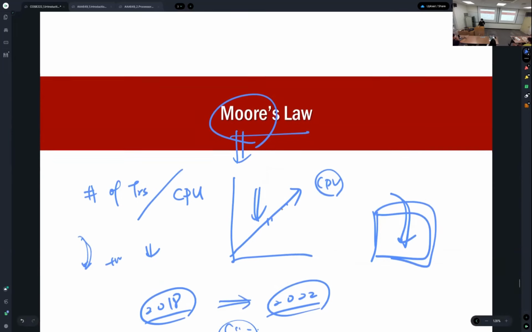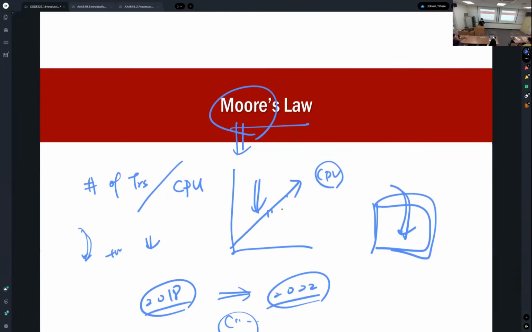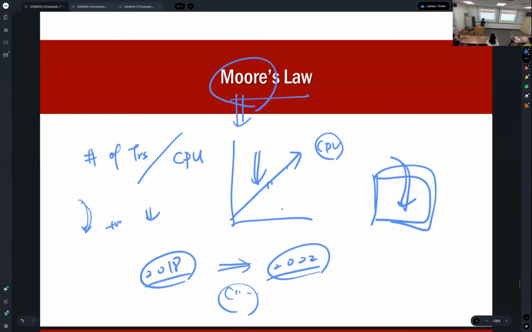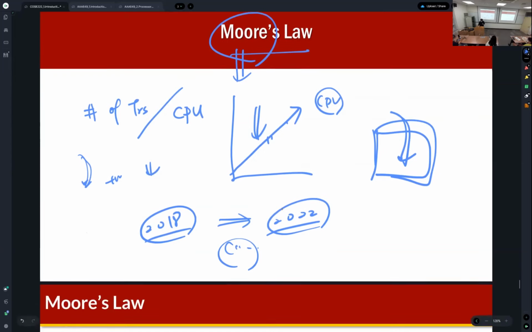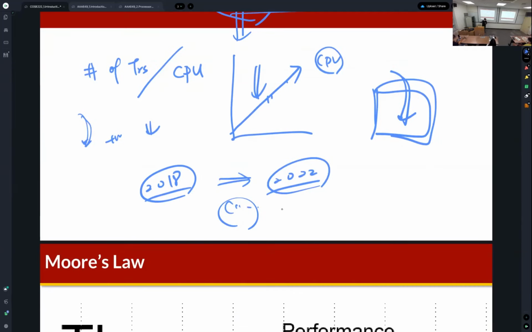Actually, Intel removed this statement on their homepage, maybe 5 years ago. Intel showed a statement like we tweaked Moore's law on their homepage, which means that we can make better CPUs year by year. But recently they removed this statement because it's very difficult. It's very difficult to make smaller transistors, right?